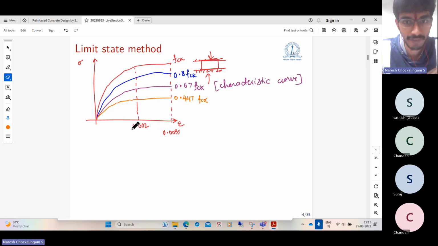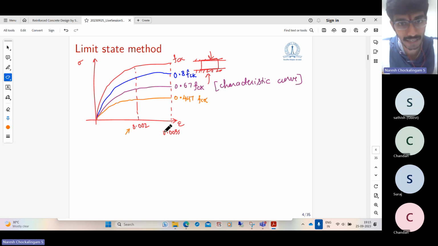If it is an axially loaded column such that the entire cross section is subjected to uniform compression, then the strain should not exceed 0.002. And if what we analyze is a beam, or a beam column where there is flexure along with axial compression, then the ultimate strain under compression is somewhere in between these two.